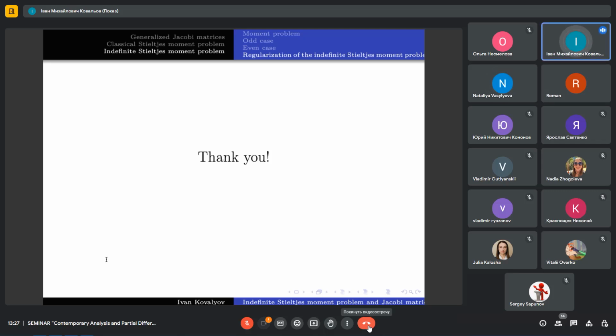It is an interesting question, but if you know some papers of Krein and Langer, they consider the indefinite Stieltjes moment problem in the class N kappa plus.